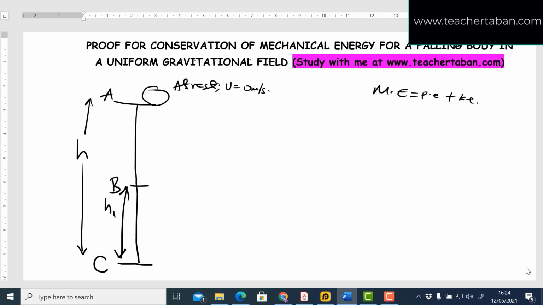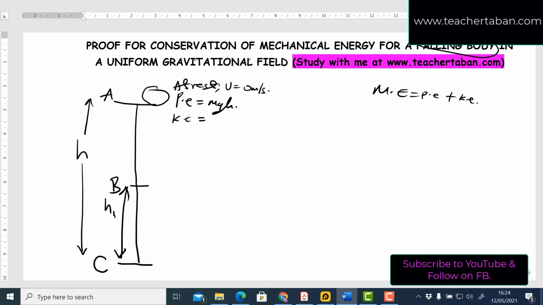Now, since the body is falling, we shall get the initial expression of mechanical energy in terms of the potential energy, as we are going to see here. So at A, the potential energy is given by mgh, because the height from the ground is h. And then the kinetic energy is given by half mu squared.